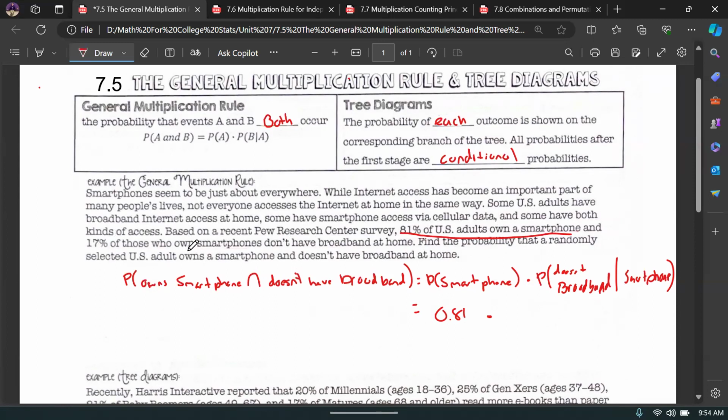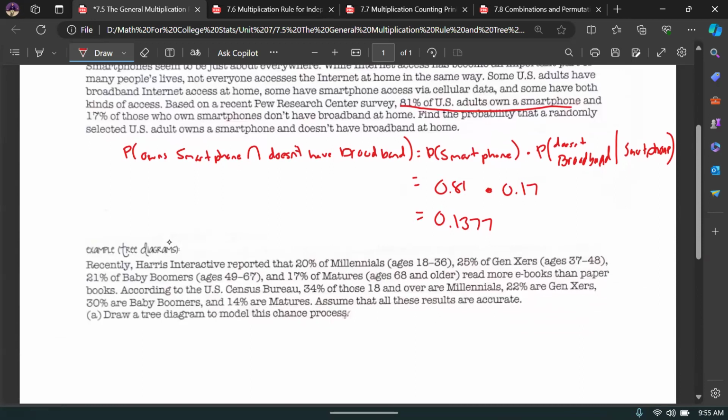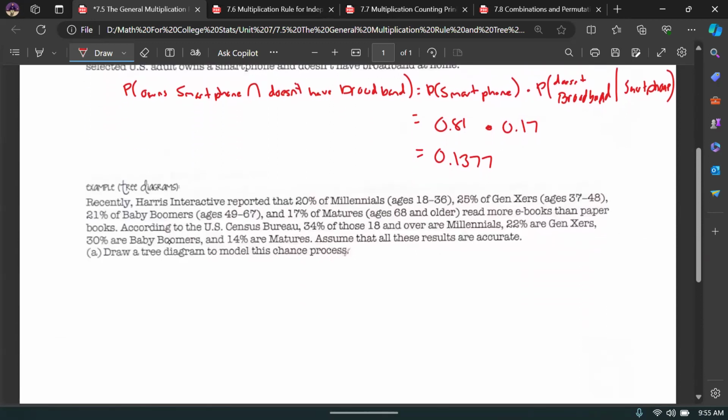And 17% of those who own smartphones don't have broadband, so they don't have broadband given they own a smartphone. That's 0.17. If you multiply those two values together, like the formula says, we end up with 0.1377. So it's a pretty straightforward problem, particularly if you know your formula. We just have to make sure that we know these rules and formulas.